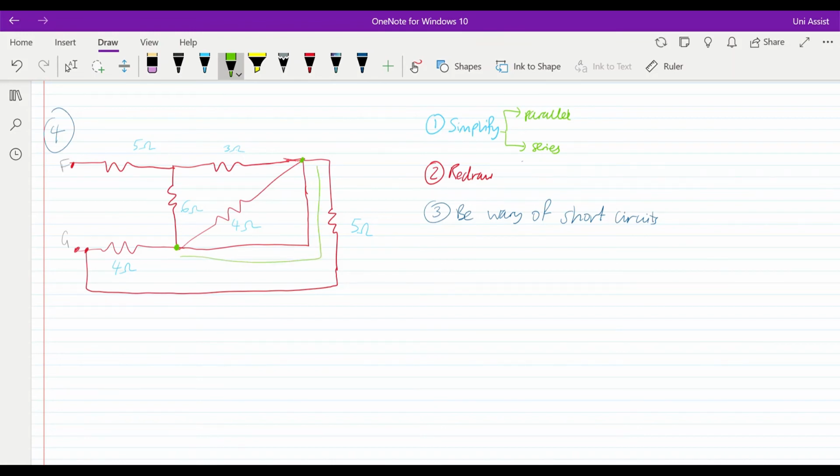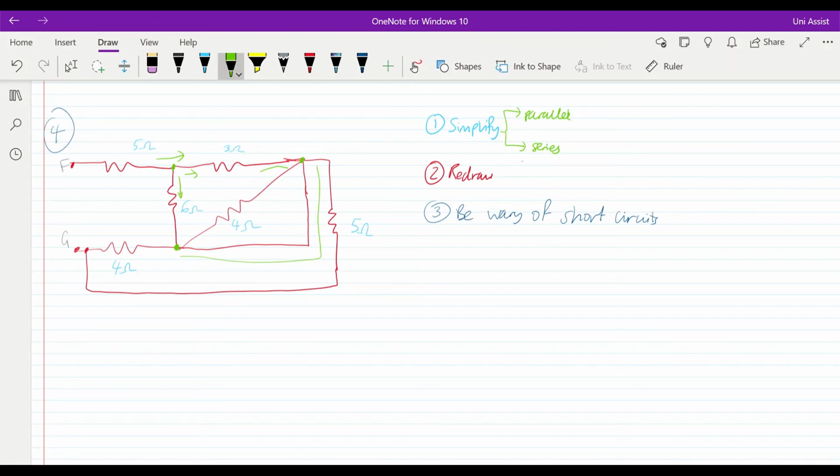To confirm this, we can imagine a current flowing from point F. When it flows into this node here, it will split off in both directions, and the current that's returning this way, once it reaches this point here, can either branch out through the 4 ohm, or it can flow through this short circuit.